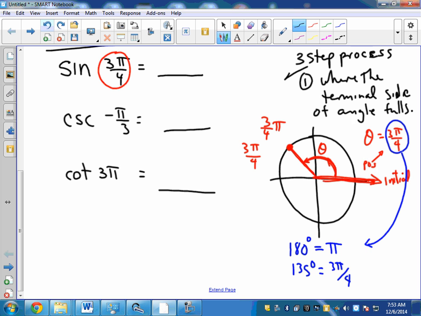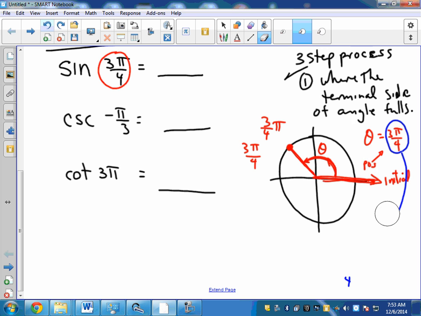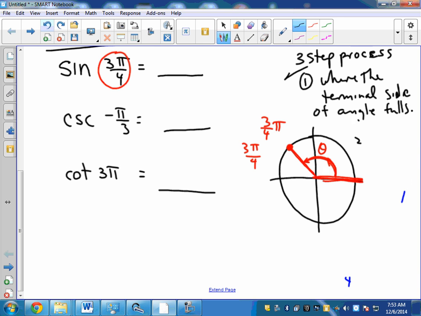Step 2, okay, once we've got that figured out, we need to go to step 2. Step 2 is what are the coordinates? And this falls back to our second video.